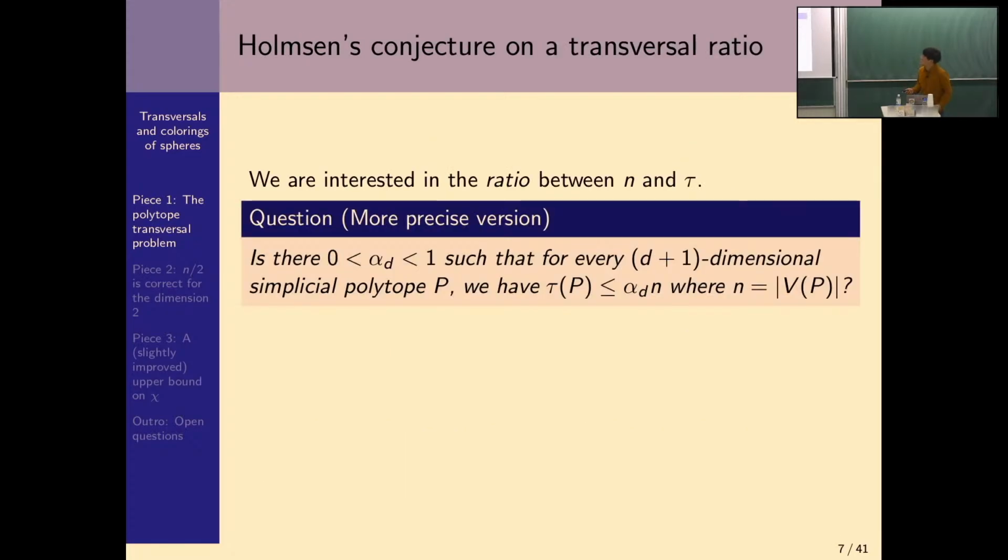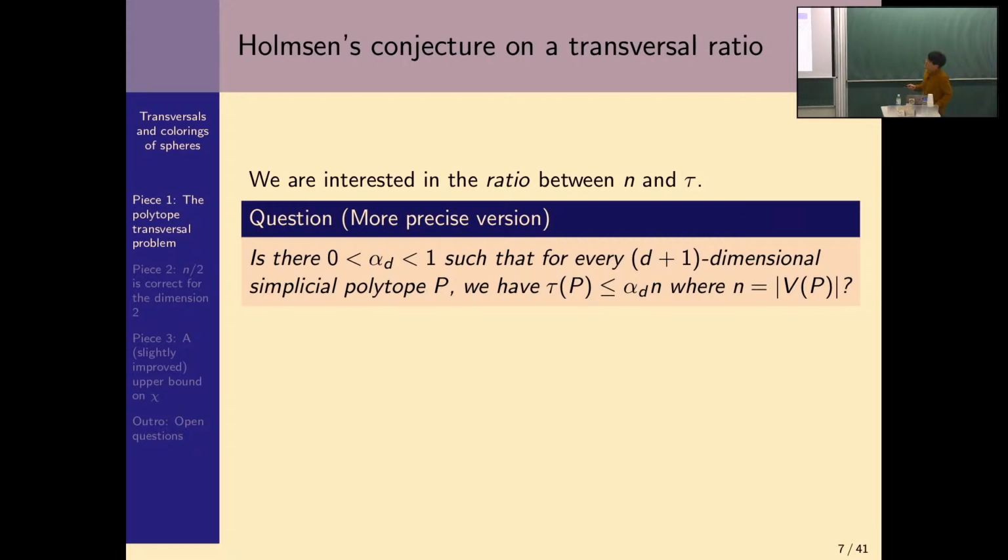Okay, and so by using these definitions and conventions, I would like to present a more precise version of what Professor Holmsen presented about 6 years ago. This is a more precise version.